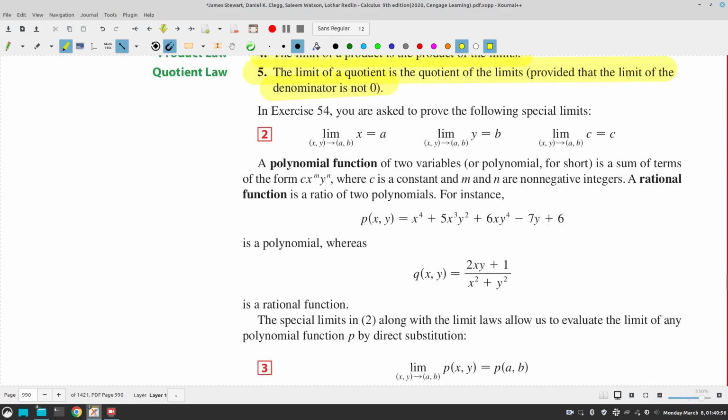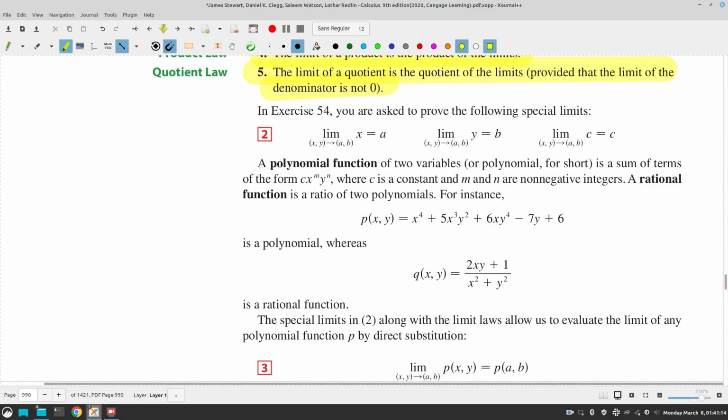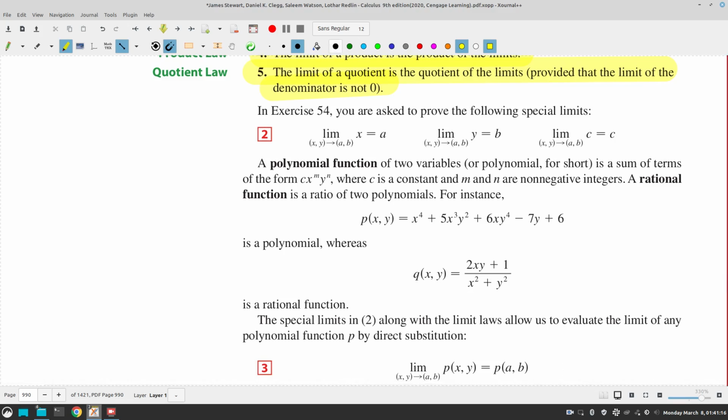Okay, so a polynomial function, when it comes to functions of two variables, is a sum of terms of this form, c x^m y^n, right? So instead of a polynomial in one variable, we have polynomials in two variables.